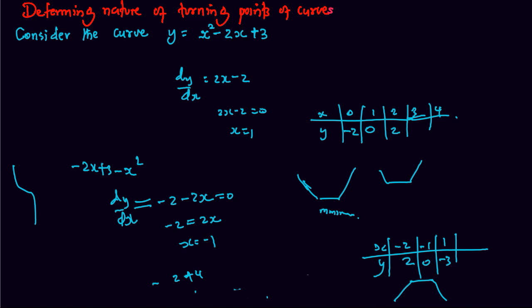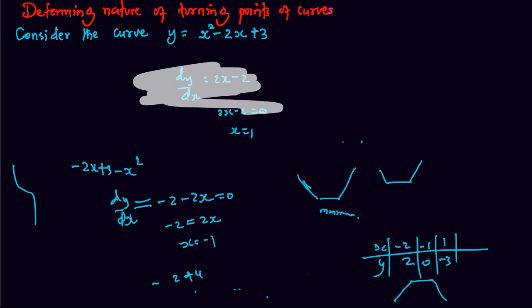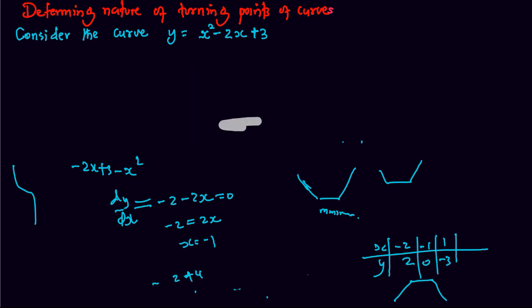Let us consider the curve y is equal to x squared minus 2x plus 3. So for this curve, the gradient function dy dx is equal to 2x minus 2.